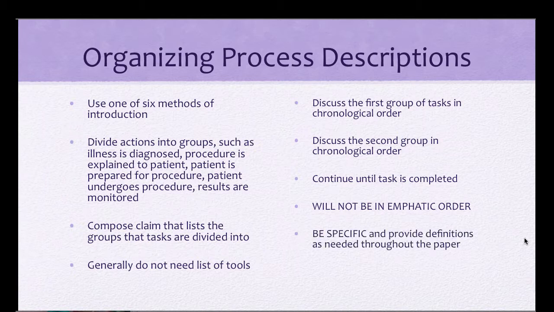Again, be specific and provide definitions as needed throughout the paper. It's not as necessary to be as specific in a process description as it is in instructions. For example, when a patient is undergoing any kind of surgery, it's good to make sure that there is a sufficient amount of blood in the blood bank in case it's needed.